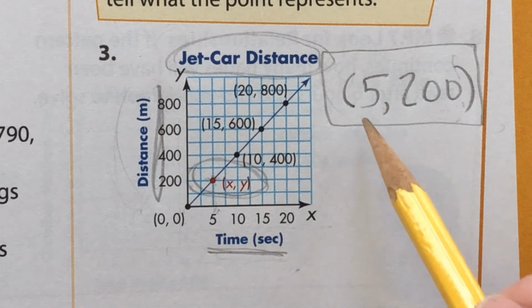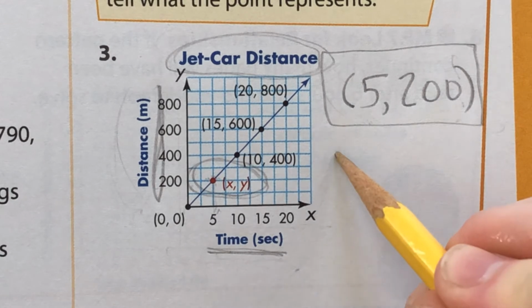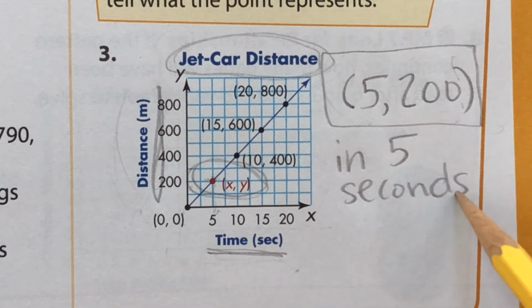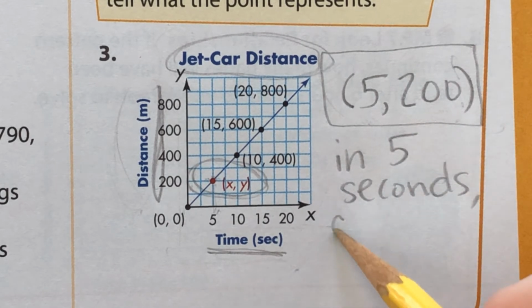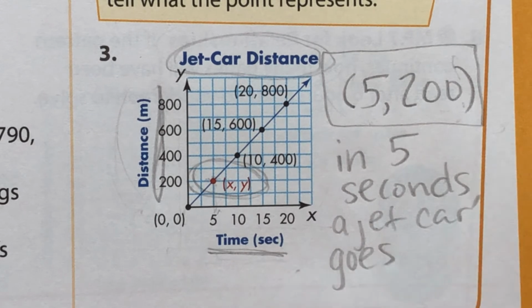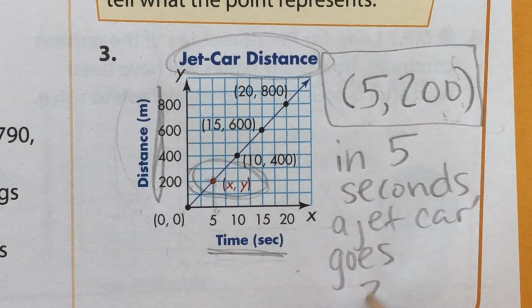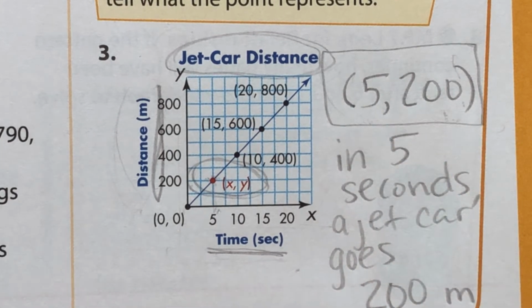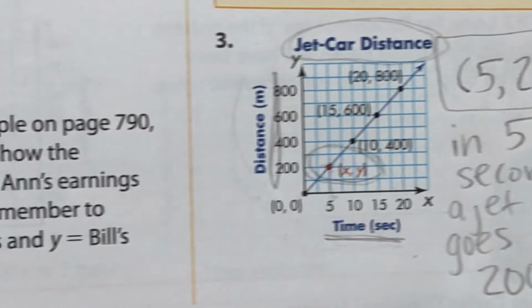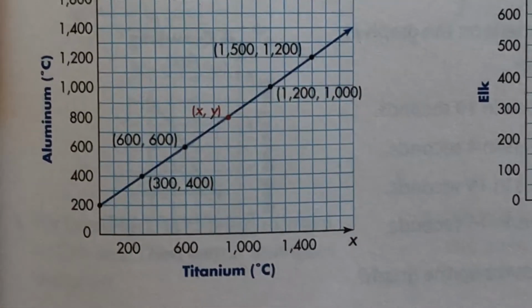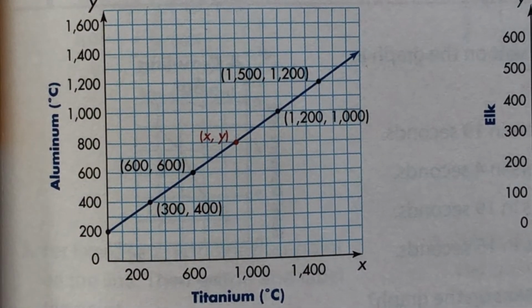So basically this 200 means that in 5 seconds, a jet car goes 200 meters. And that's basically what that ordered pair stands for. All right, let's look at one more.